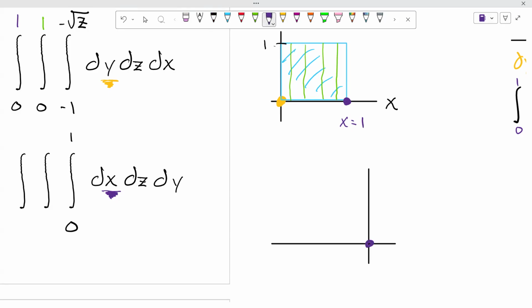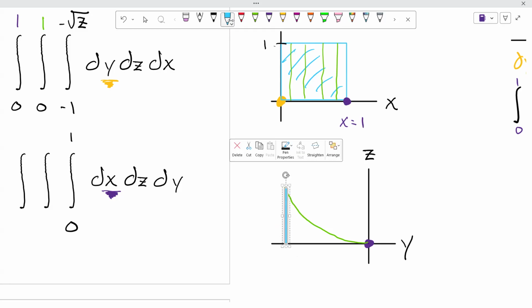So let me just mark that right here. We have a y-axis running left and right and z-axis running up and down. And if we approach that shape from the left side, I think we will see the parabola z equals y squared and the plane y equals -1. Roughly about here and about here.